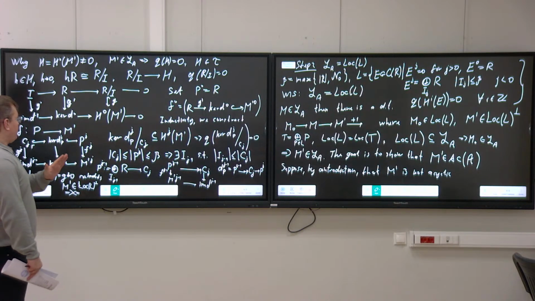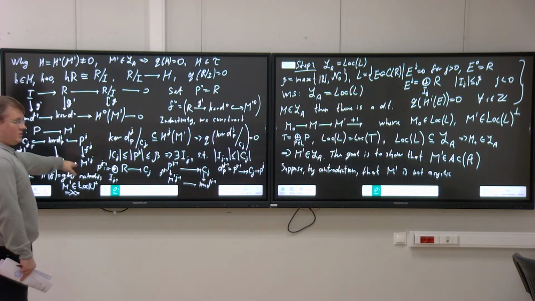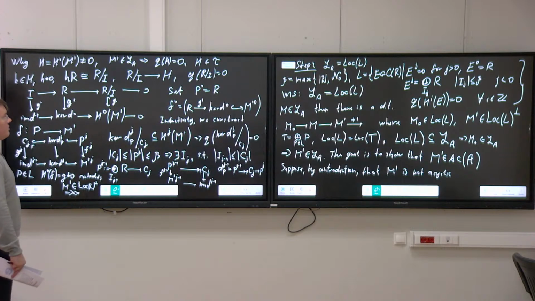On the left, I do this inductively by this procedure that is displayed by several lines here on the blackboard. And also, I can notice that all the conditions that I have for the objects in the L are satisfied: the cardinality condition and also the condition in the Q. So we constructed some non-zero map from some object in the L, and that contradicts the fact that M prime is in the right orthogonal to L.